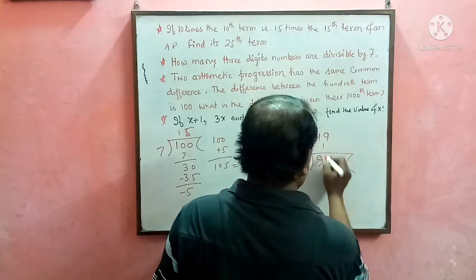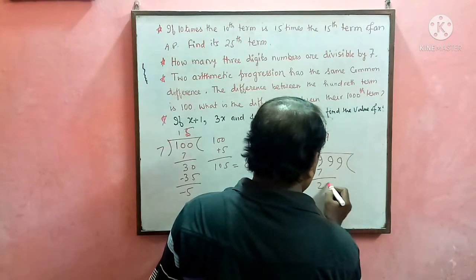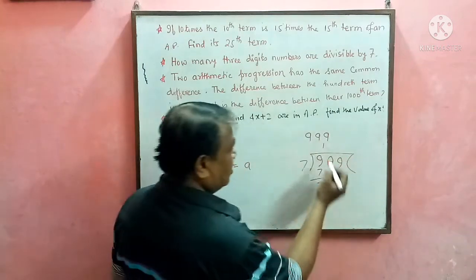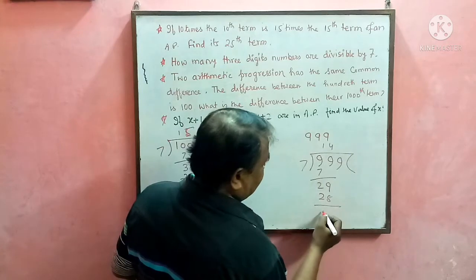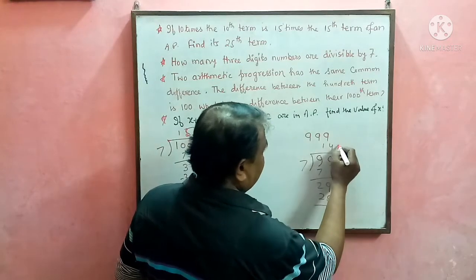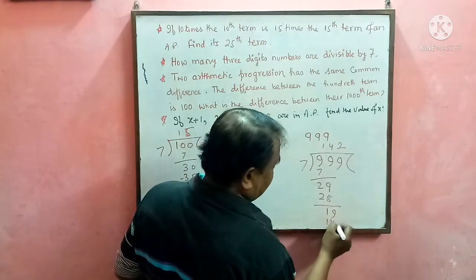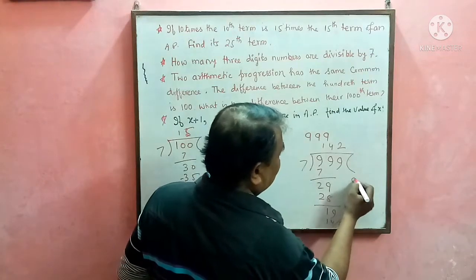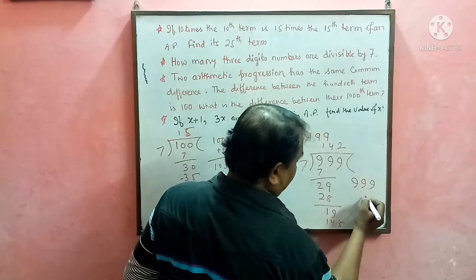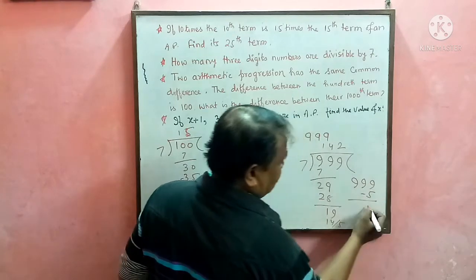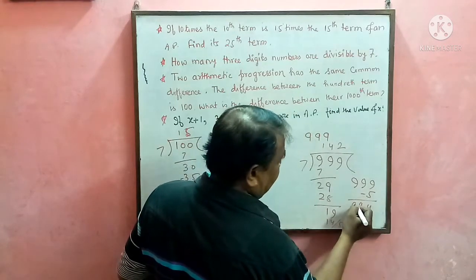Divided by 7. 7 1 is 7, 7 4 is 28, 7 2 is 14. This is 5 remaining. So to get the last 3-digit number divisible by 7 is your 999 minus 5.